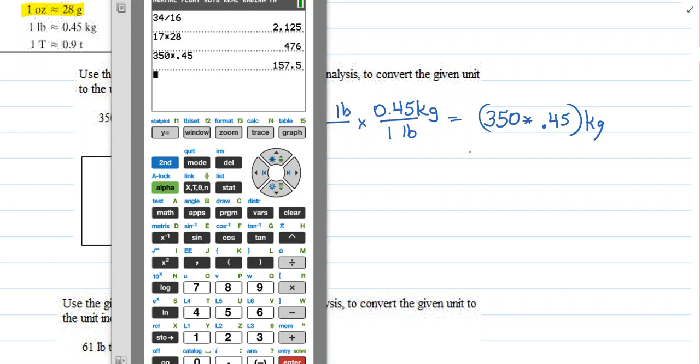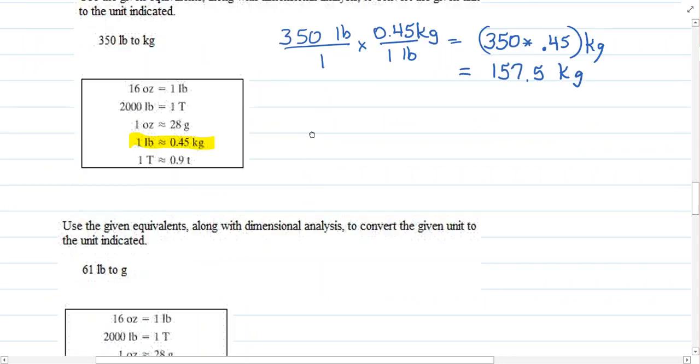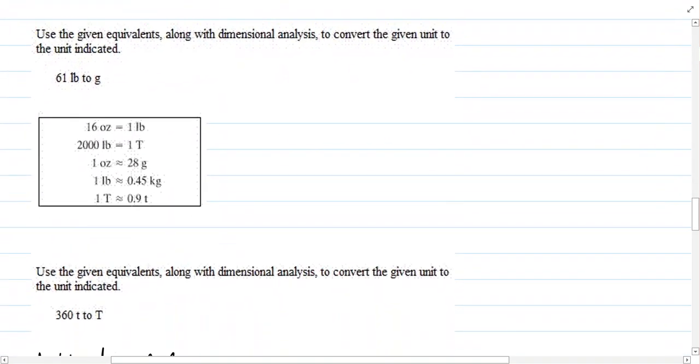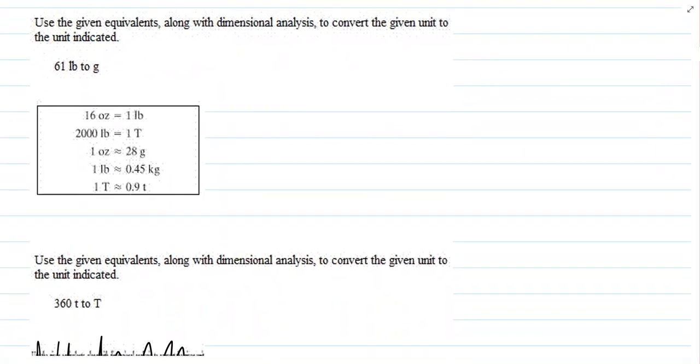And I get the value of 157.5 kilograms. All right, looking good. So again, none of these are difficult, just a matter of constructing the problem and then utilizing the identities.